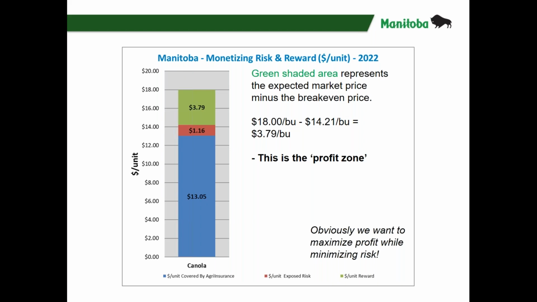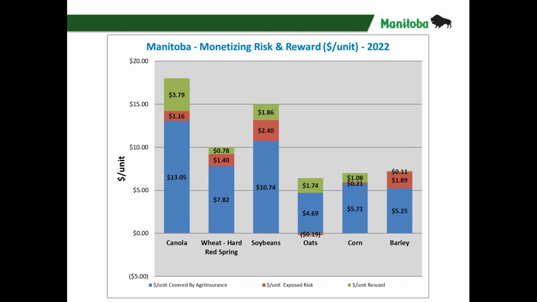And then when we look at the six main crops, we can start to see some pretty interesting stories being told here. I'm going to contrast canola and soybeans firstly. Looking at that red zone, the risk zone, soybeans have twice as much risk on a dollars per bushel basis, but half as much profit potential in the green zone.